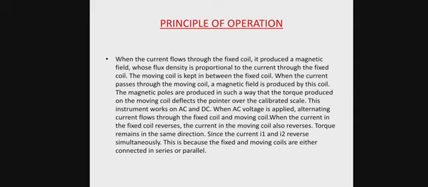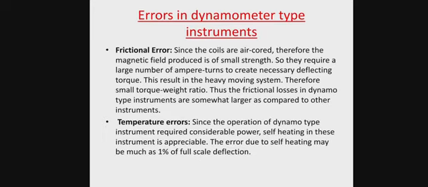The torque remains in the same direction since the currents I1 and I2 reverse simultaneously. This is because the fixed and moving coils are connected either in series or parallel. This is all about the working principle of the dynamometer.